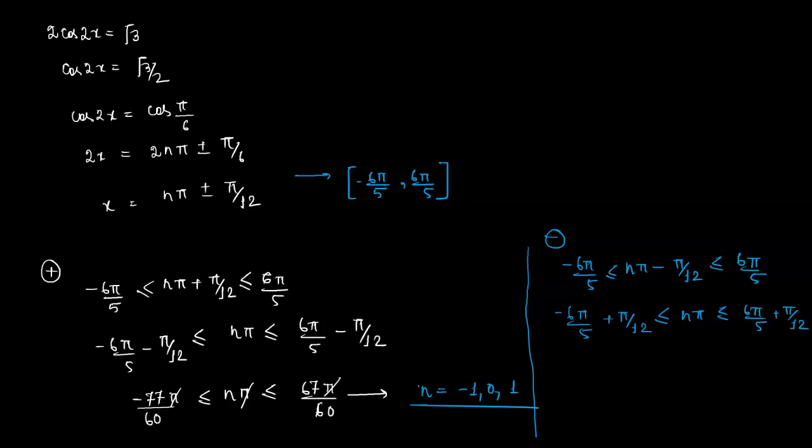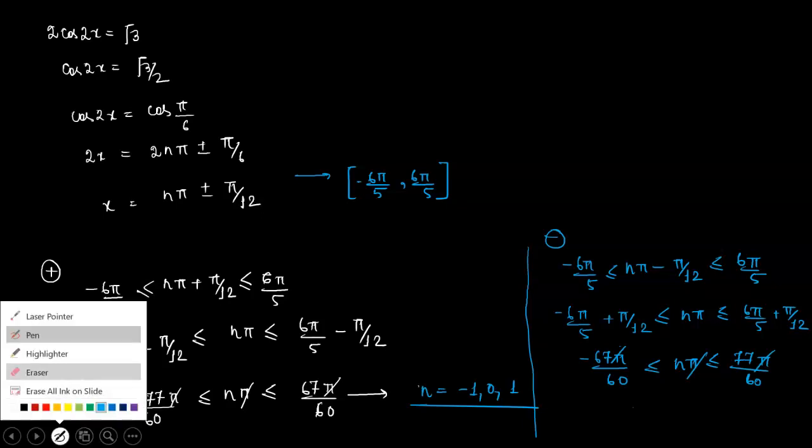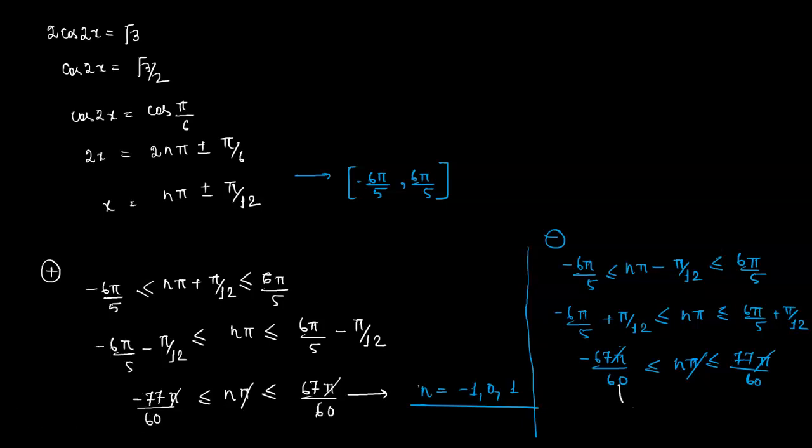So here we will have minus 67 pi by 60 and 77 pi by 60. Again cancelling the pi, here we will again have the values minus 1, 0 and 1.